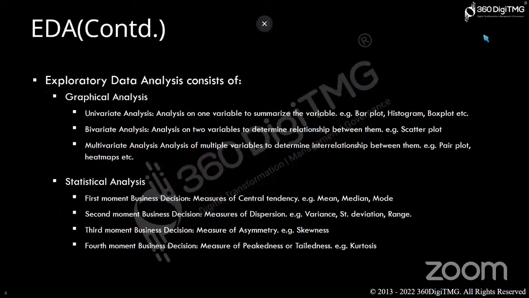Next, we also said that EDA consists of two methods: one is graphical, one is statistical.